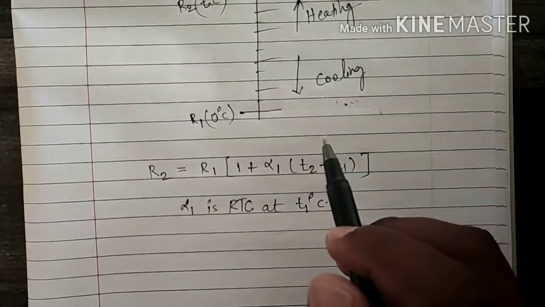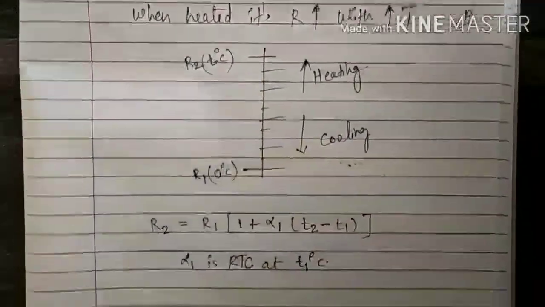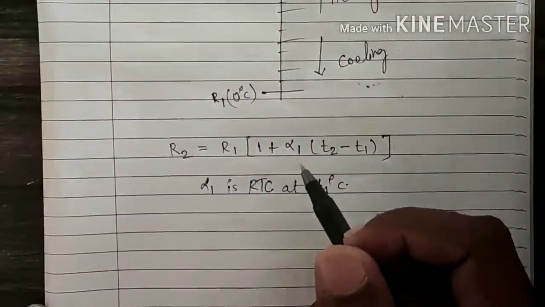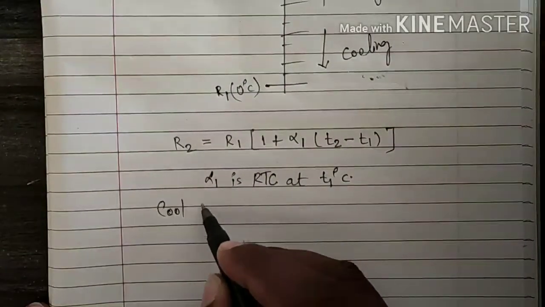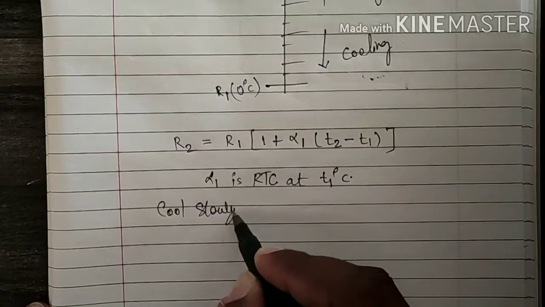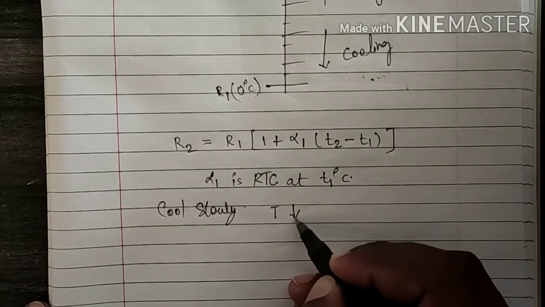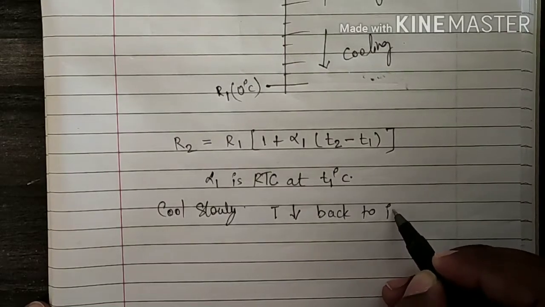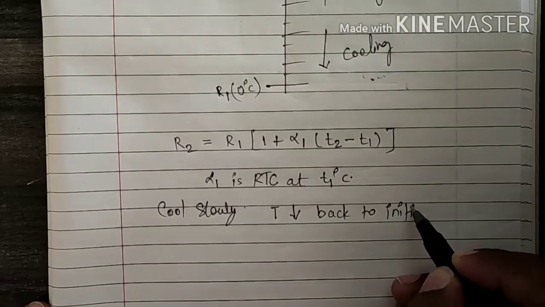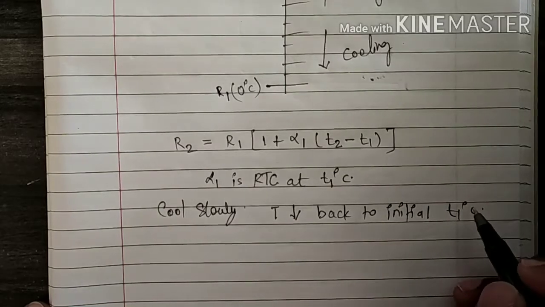Now if this conducting material is allowed to cool slowly, what will happen? Its temperature reduces back to the initial value, that is T1 degree Celsius.